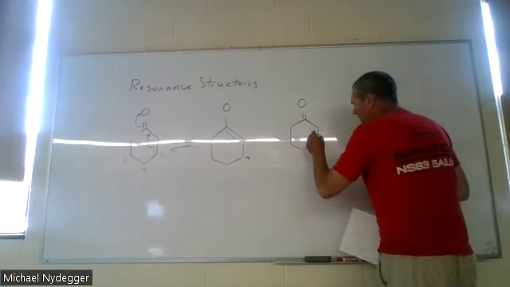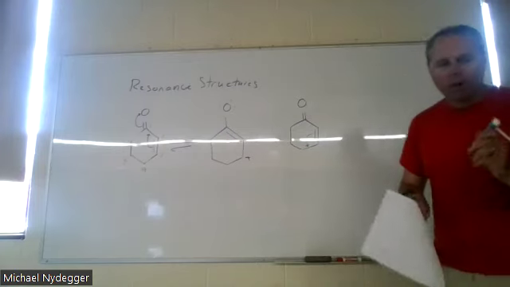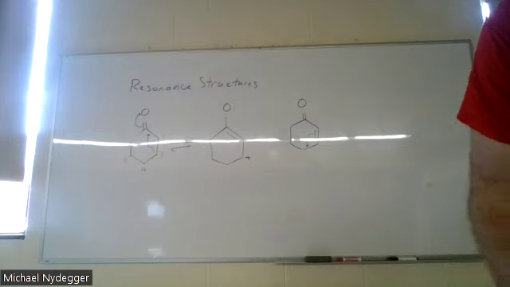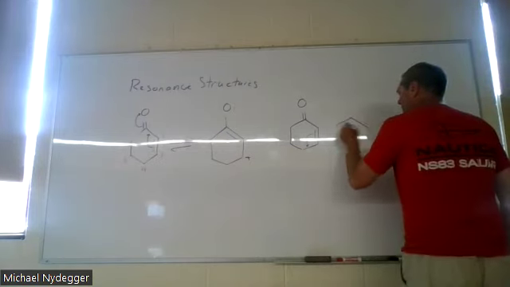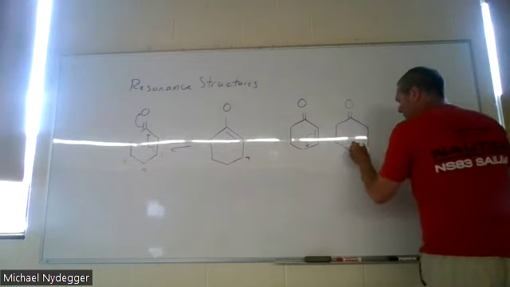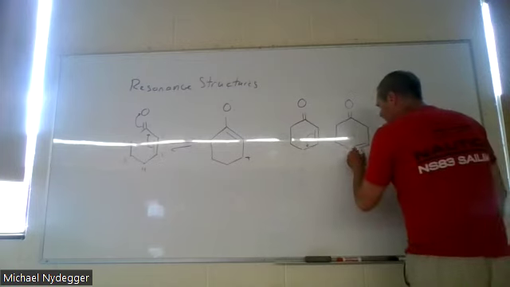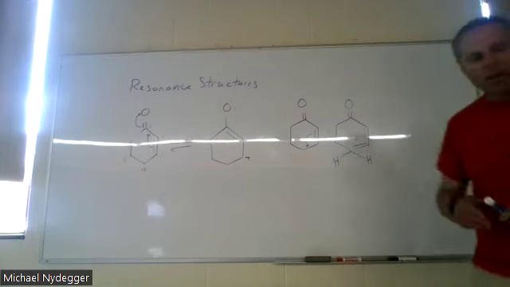Now, could it go down there? Well, if we redraw this molecule again, we have that double bond here, but recall that there's also going to be two hydrogens there. All right.